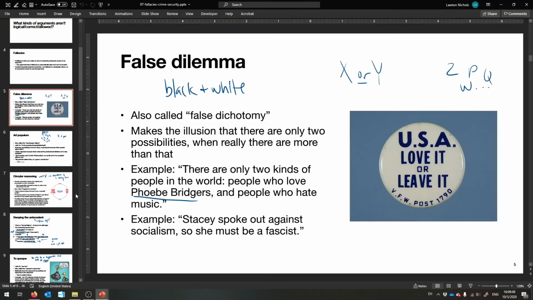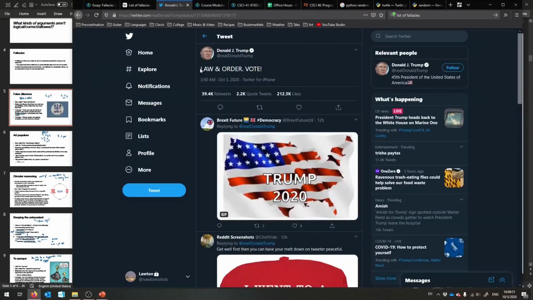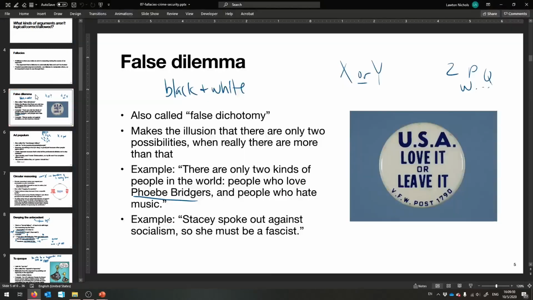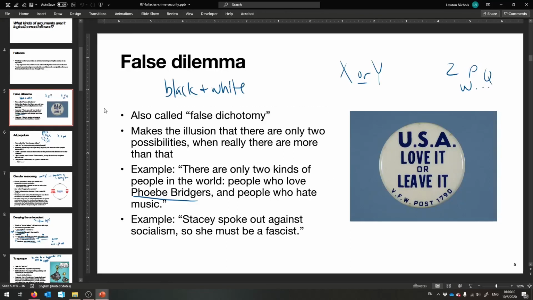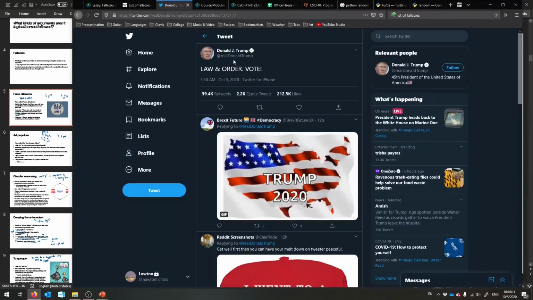And so you'd argue that this tweet is trying to say that either you vote for Trump or there will be no law and order left in the country. That's essentially the point, and that's not true because it's quite possible to vote for any president, and no matter who got elected, in every past election there weren't horrible things happening.